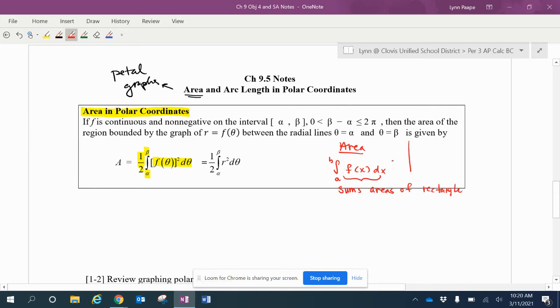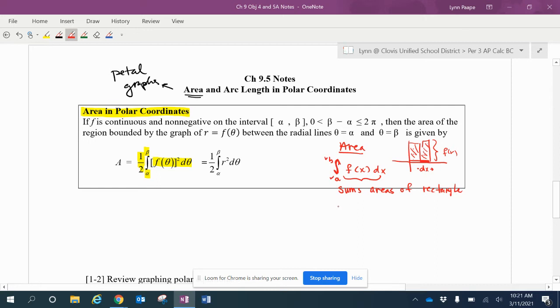That's because that's how we plot our points: I go over so much and up so much, and I'm finding the area of that. My dx is the shrinking base, and my f of x is the height. So I'm finding the areas of all of these pieces, and the integration piece is adding them up from A to B.